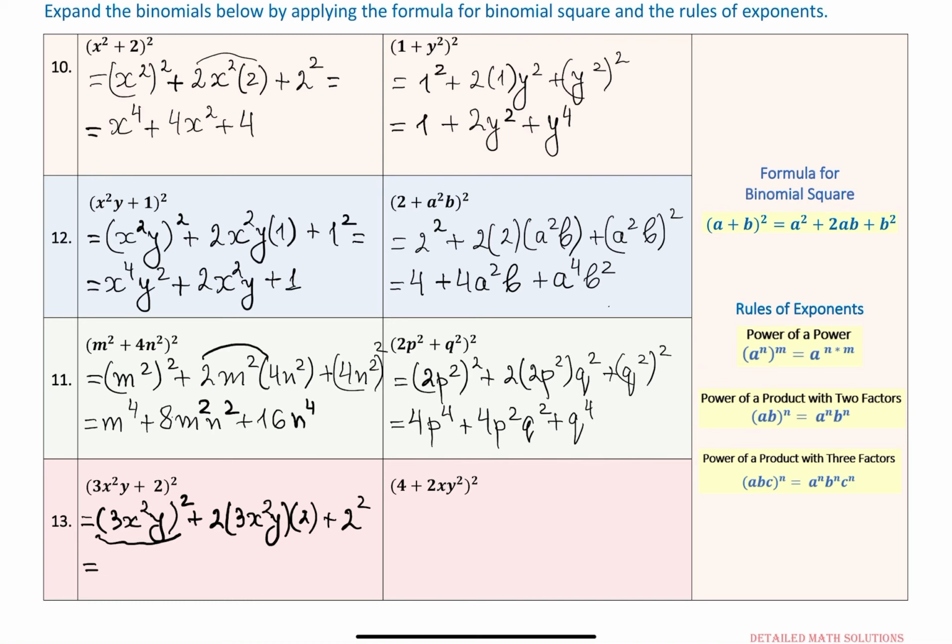So this way we get 3², which is 9, (x²)², which is x⁴, then y², plus 2 times 3 times 2 is 12x²y plus 4.